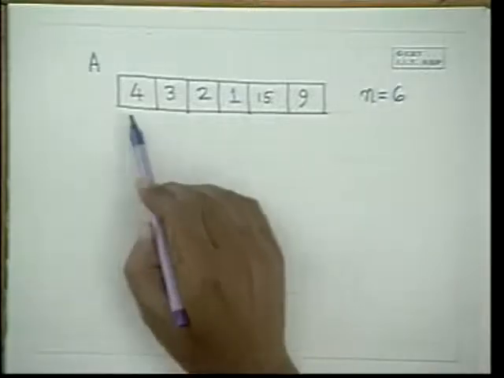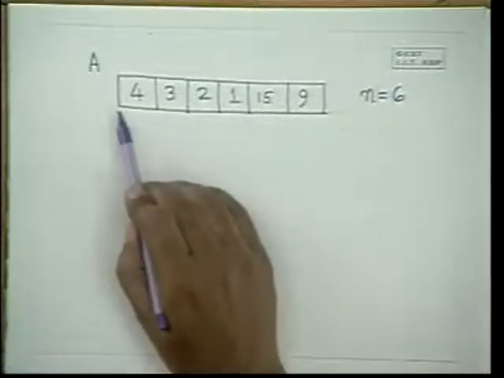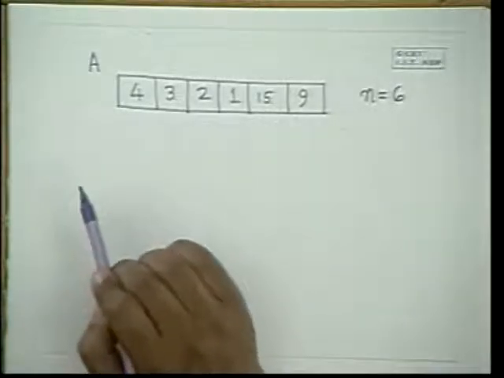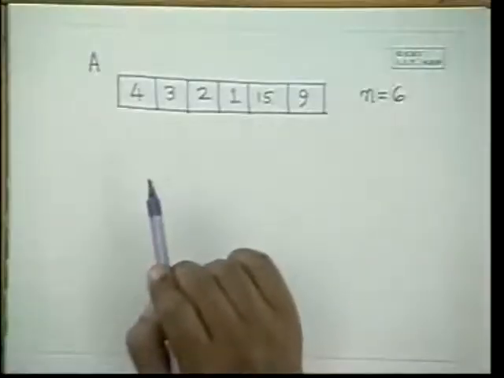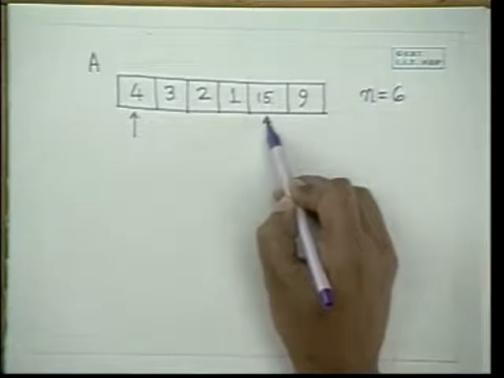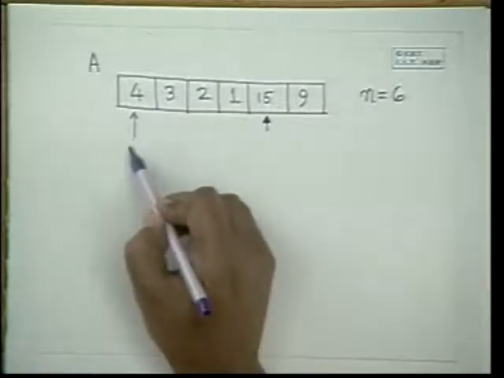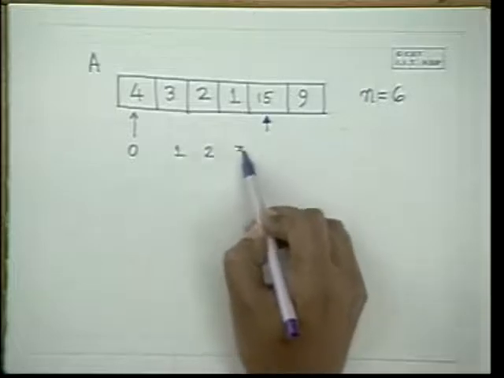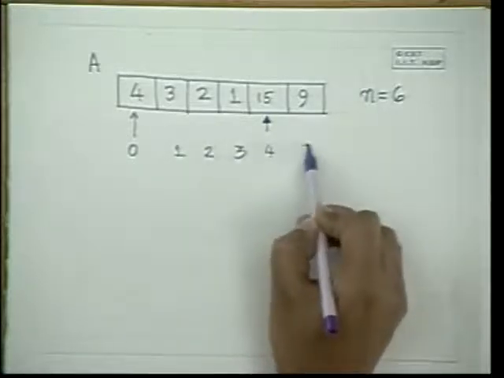Now, our data structure for storing a list will be an array. And in order to indicate which part of the array we are going to use, we will use the indices of the array. For example, this is array index 0, this is 1, this is 2, this is 3, this is 4, and this is 5.